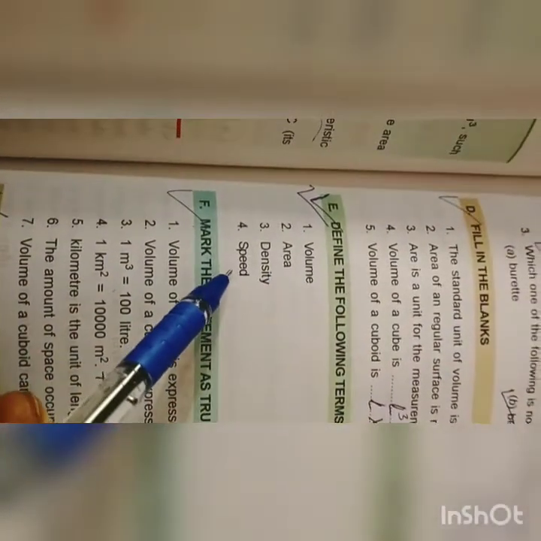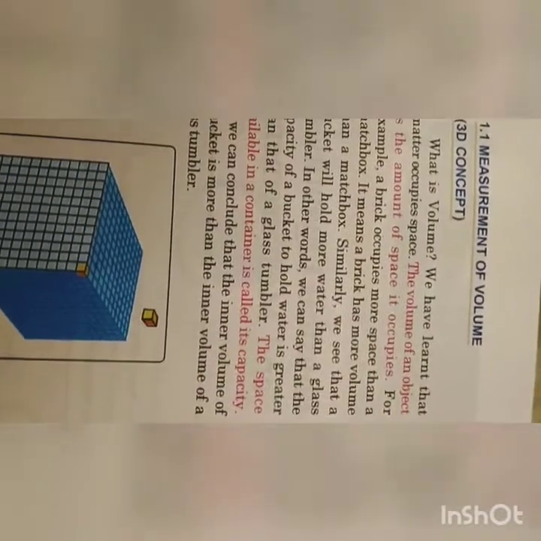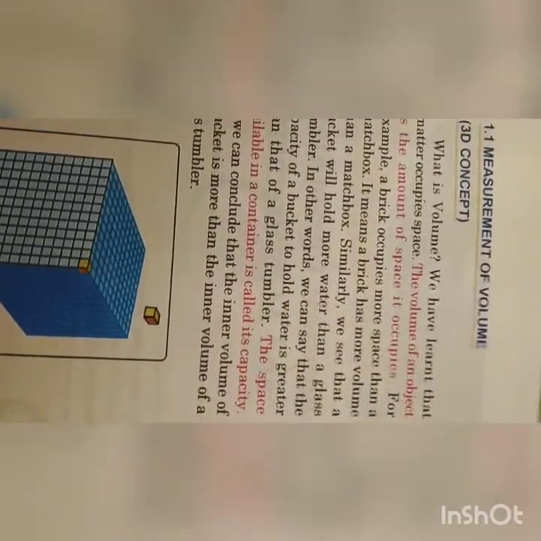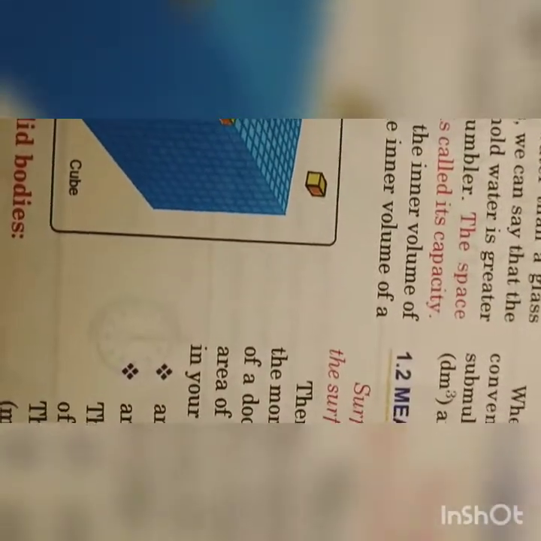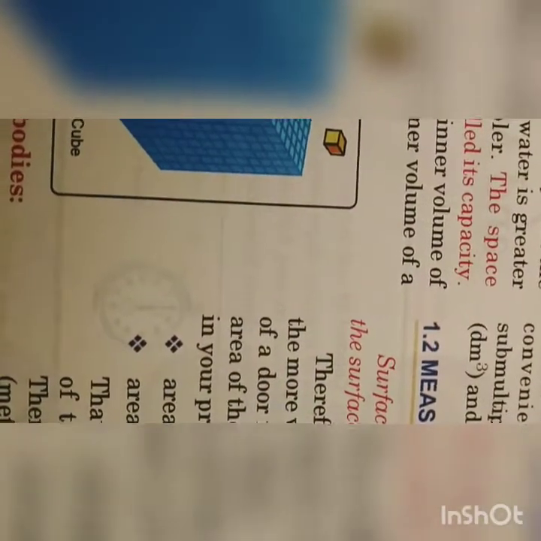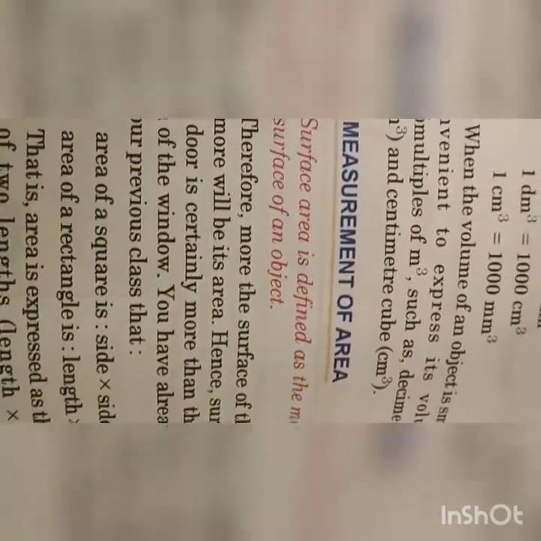definitions, you can find all, I think. Volume is given. Here the definition: volume of an object is the amount of space, it's given in the pink color on the second line. Then area is given here, also in the pink on the top line.